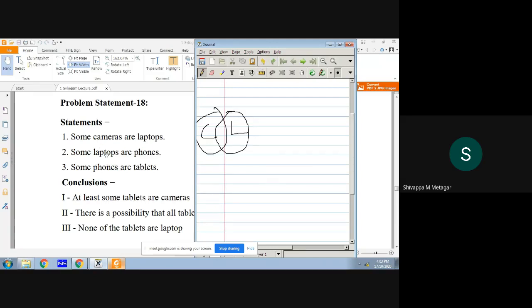Some cameras are laptops and some laptops are phones, and some phones are tablets. We have drawn the diagram. Now the conclusion.